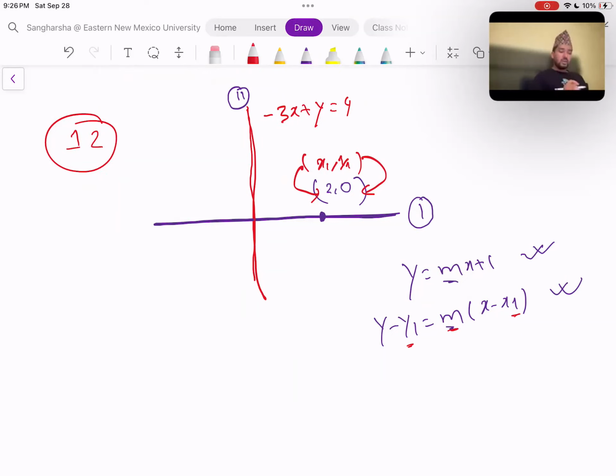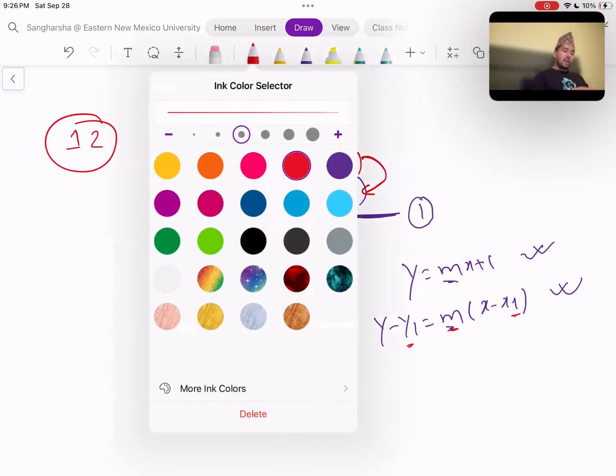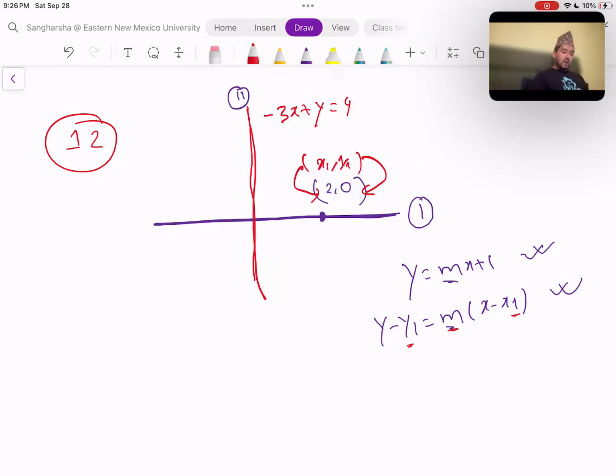But what do we know? Line 1 and line 2 are perpendicular to each other. What happens to the slopes of two lines if they are perpendicular? Any guess?